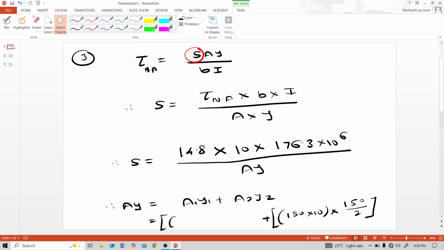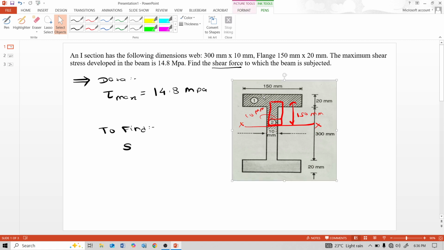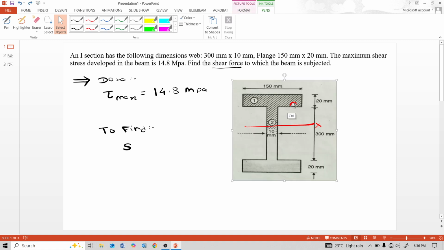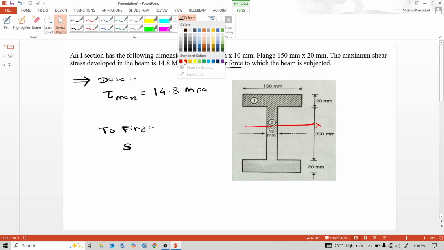This A1 is the area of the flange portion, and the area of the flange portion is 150 multiplied by 20.